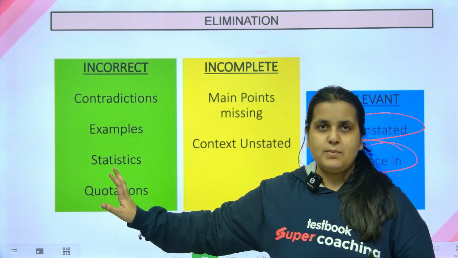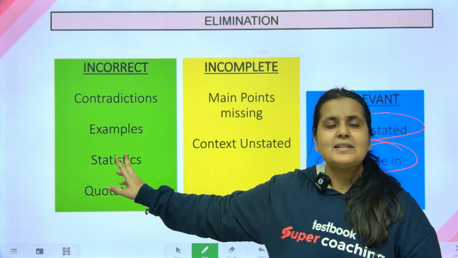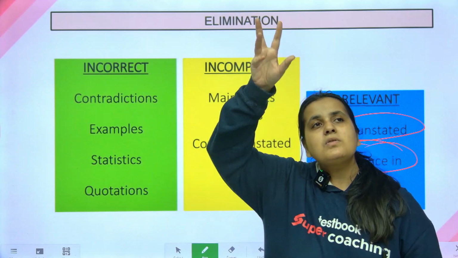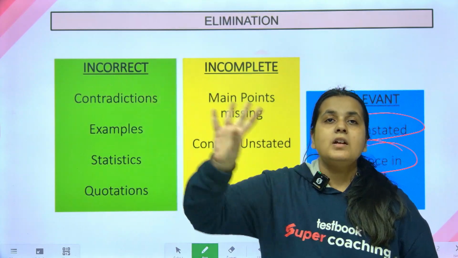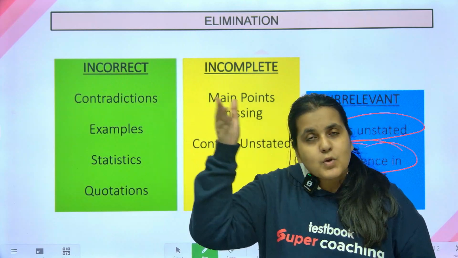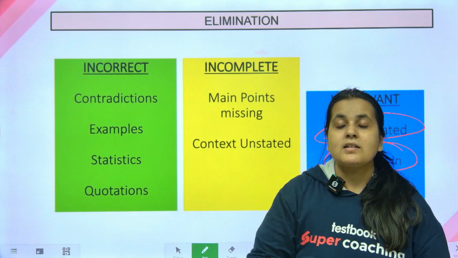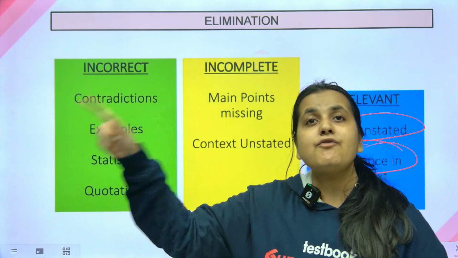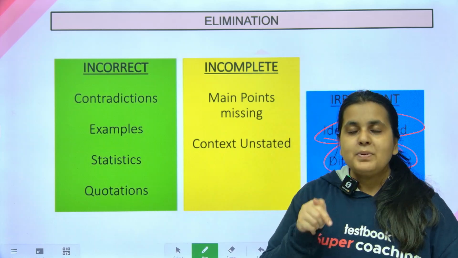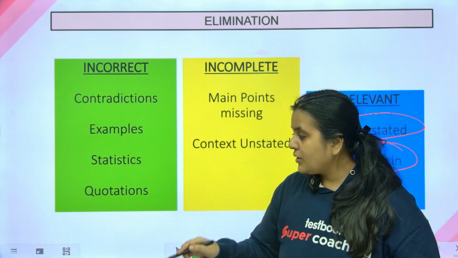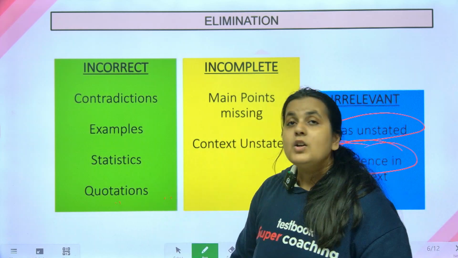Statistics, dates, I am saying dates should not be there. Statistics, like 3,200 people have answered this survey. That is not necessary in your option. What is more important is what the survey's finding is; that should come. So please make sure to eliminate quotations as well.